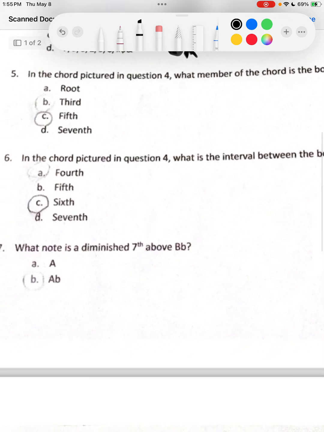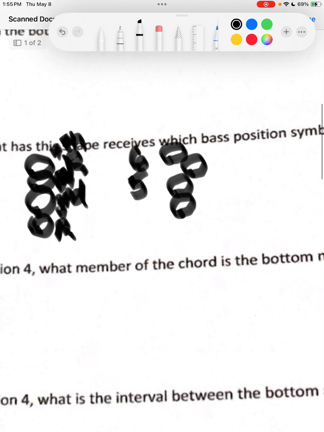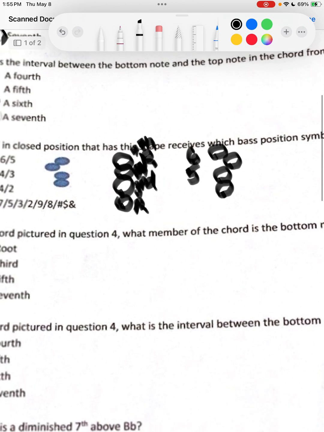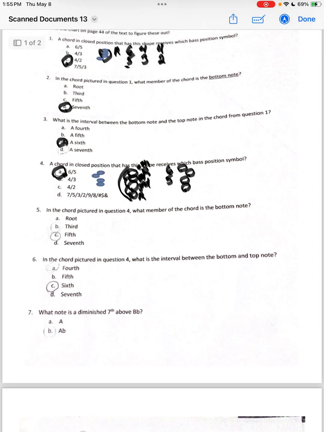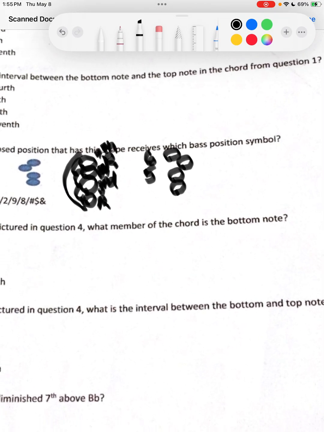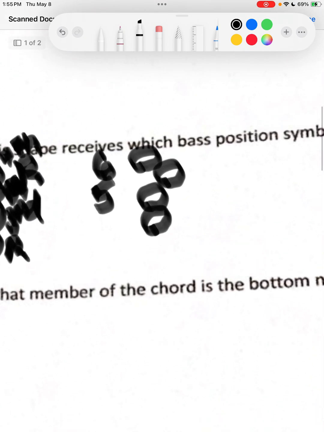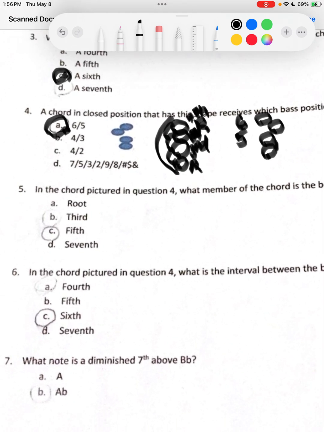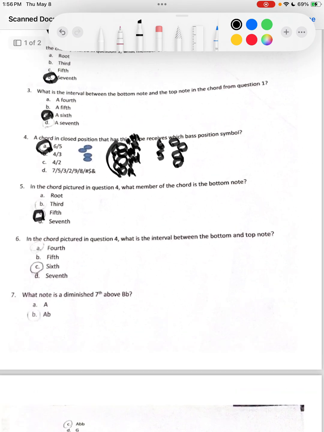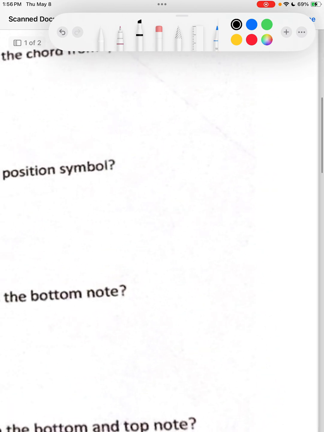In the chord figure in question 4, what is the interval between the bottom and the top? Yeah, because these two would have been the third, this one the third, this would be the seventh. But then again, you're not in that position. So from that note to that note, it would be less than that. So a fifth should be. Because I remembered how it went. Wait a minute. I know how it goes.